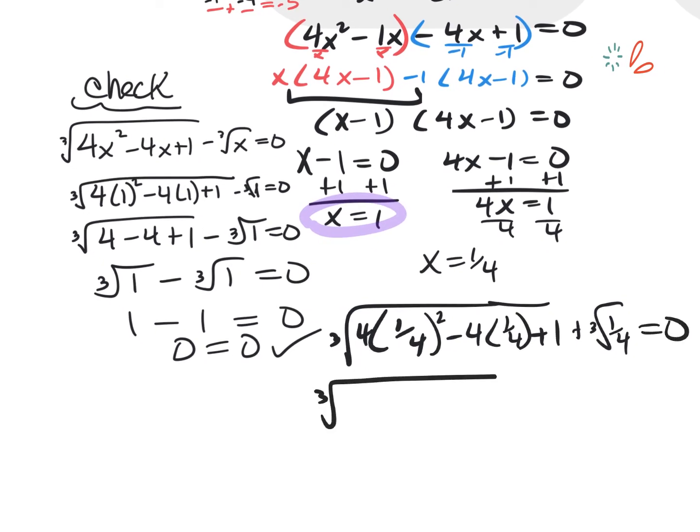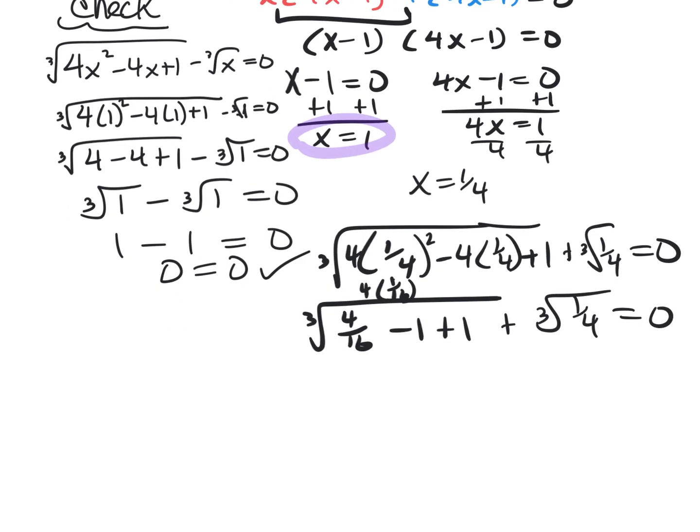So let's simplify what's underneath here. This ends up becoming 1/16 times 4. So 4/16 minus 1 plus 1, minus the cube root of 1/4 equals 0.